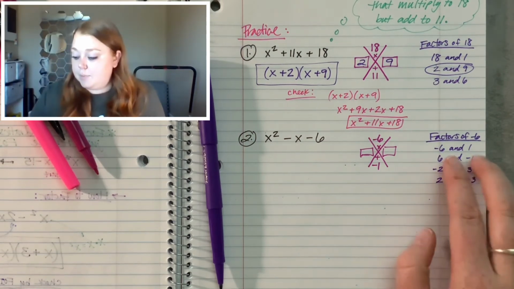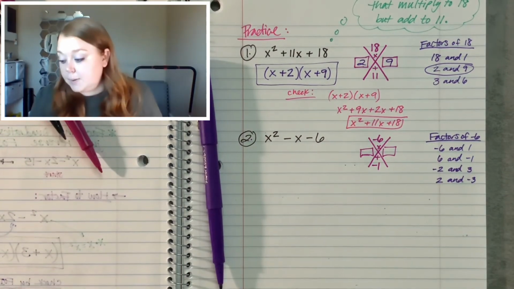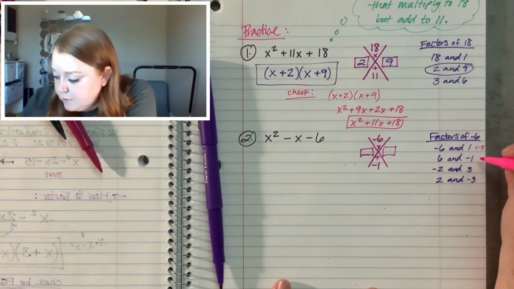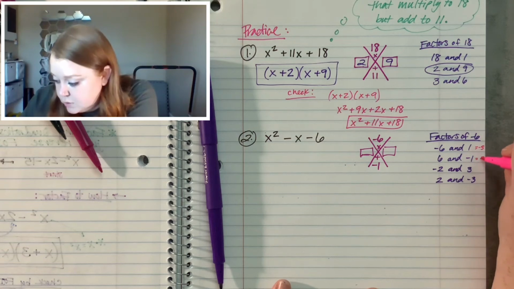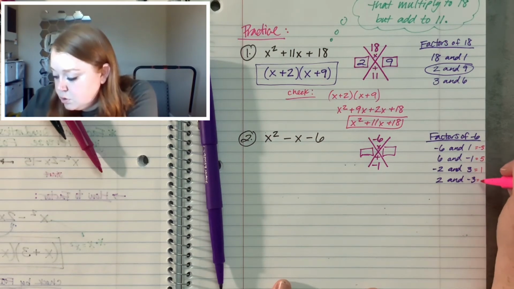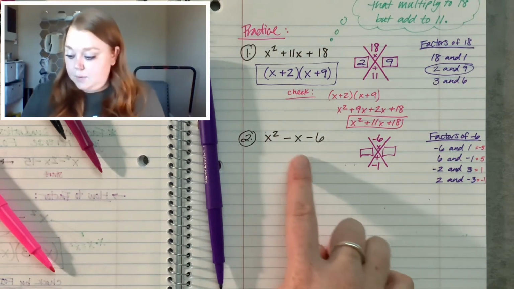Now we need to see what happens when we add these together. So if it helps, get a calculator. Negative 6 plus 1 is negative 5. 6 plus negative 1 is positive 5. Negative 2 plus 3 is 1. 2 plus negative 3 is negative 1. Okay, so we're trying to get this to add up to negative 1.